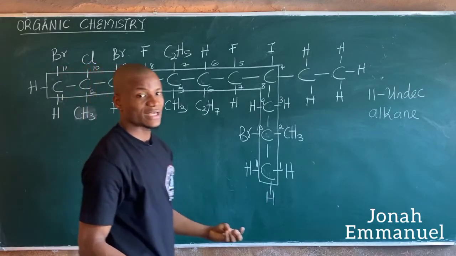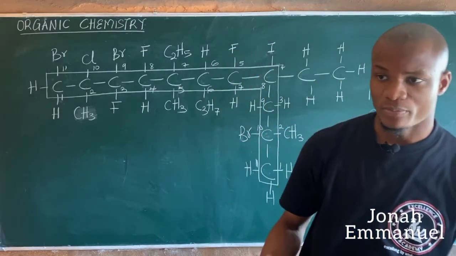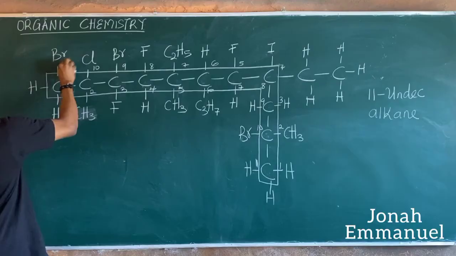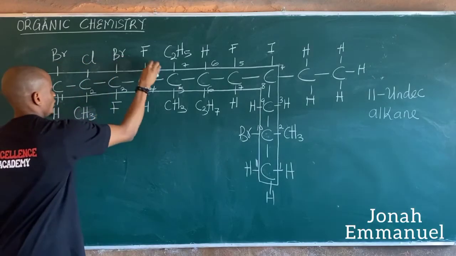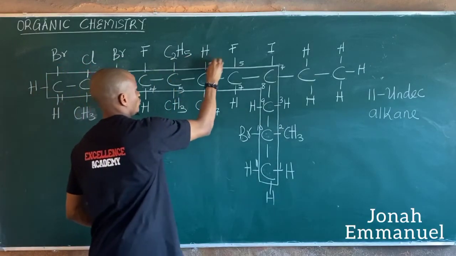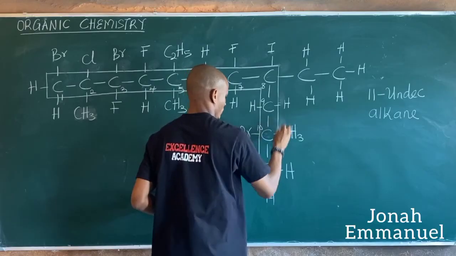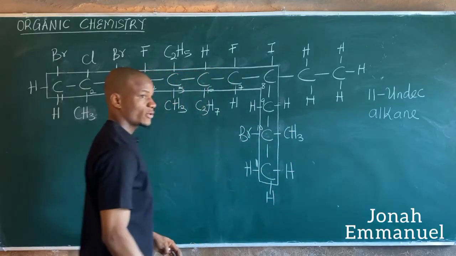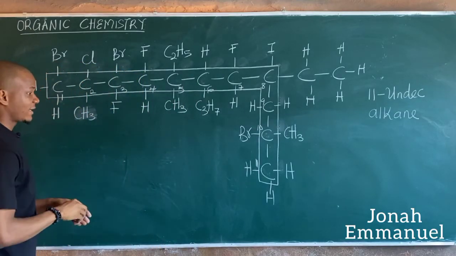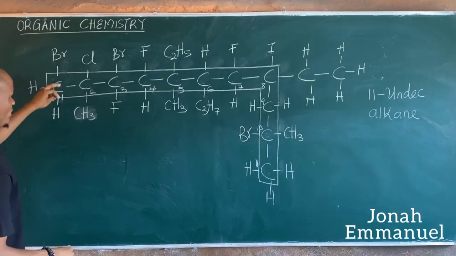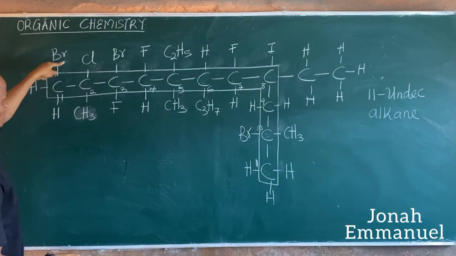So that means I'll go with the lower numbering in this case, and eliminate the upper numbering. If I go with lower numbering, I can see how many bromine here: this is 1, 2, 3.